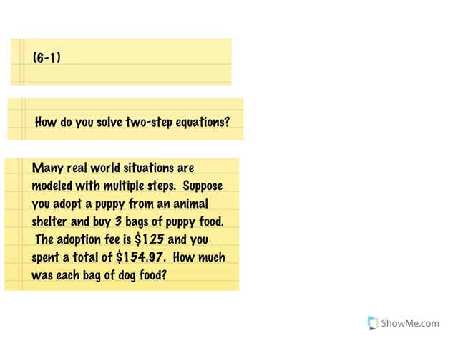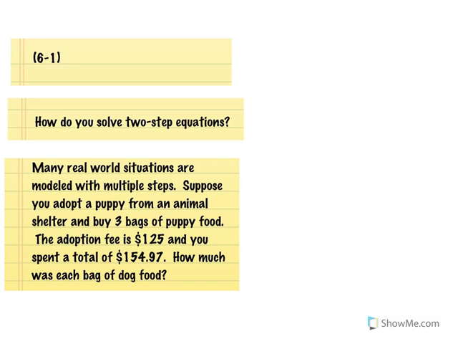Okay, today we're covering lesson 6-1, how do you solve two-step equations? The reason we're learning this: many real-world situations can be modeled with two-step equations or equations with multiple steps. Let's say, for example, you adopt a puppy from an animal shelter and you buy 3 bags of puppy food.